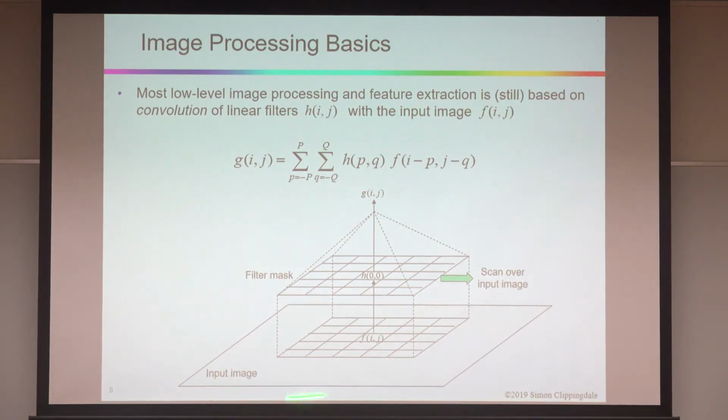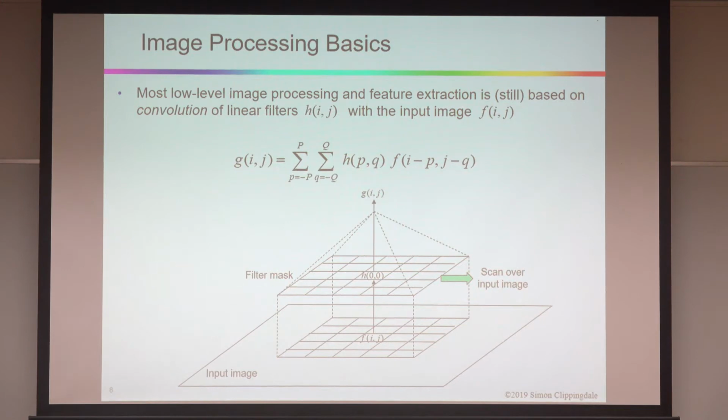So here's an input image consisting of pixels f of ij, and here's a filter mask consisting of a bunch of filter tap values, and the output at this point, g of ij, is going to be this pixel value in the middle multiplied by the weight of the corresponding filter tap, plus this tap times this image value, plus this tap times this pixel, etc. And that gives you your output.